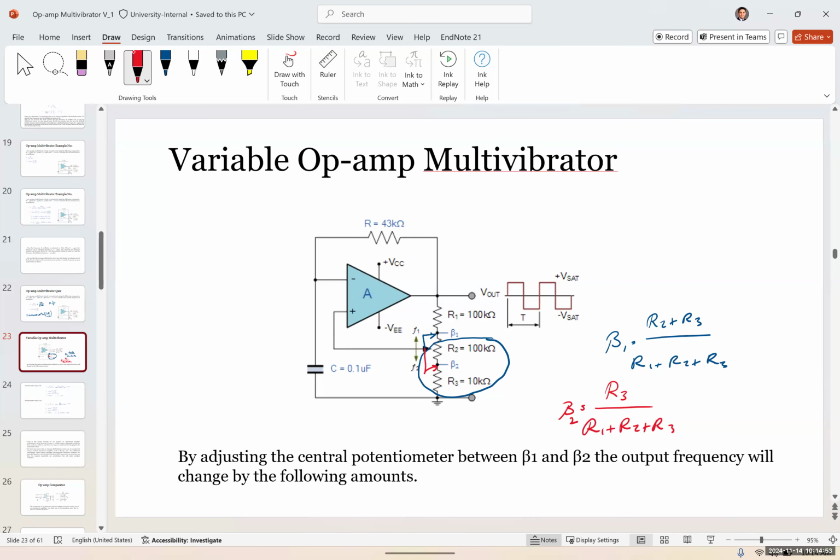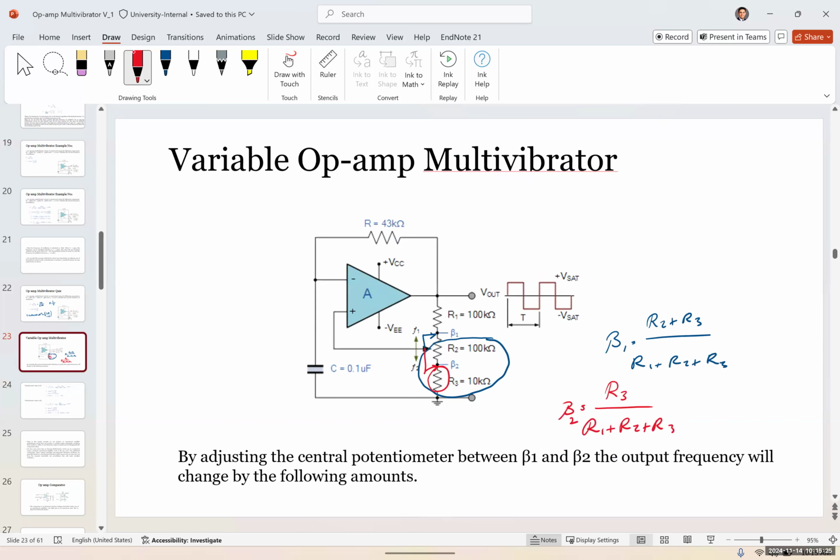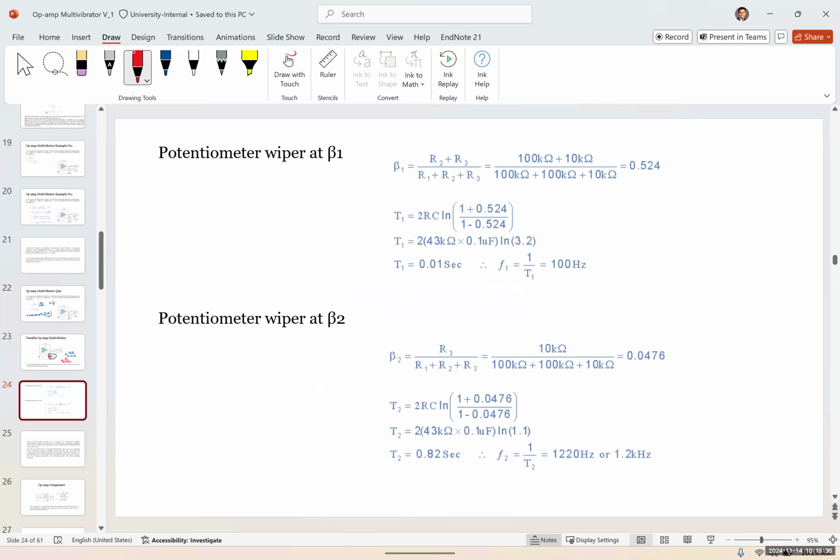For this particular example, if R1 is 100K, R2 is 100K, R3 is 10K, then beta would be 0.524, and the frequency gives us F of 100 hertz. T would be 0.01 second, and F would be 100 hertz. Now, if we move the potentiometer wiper to beta 2 at this point, then we would have R3 over R1 plus R2 plus R3, which gives us 0.0476, and T2 would be equal to 0.82 milliseconds.